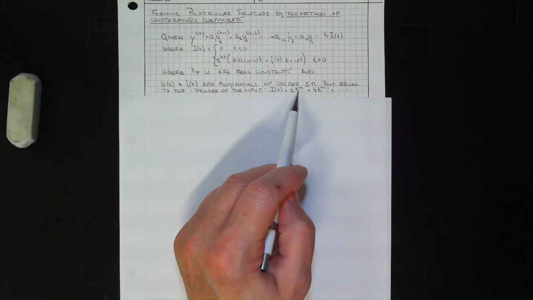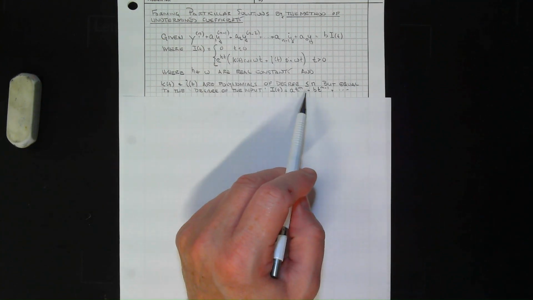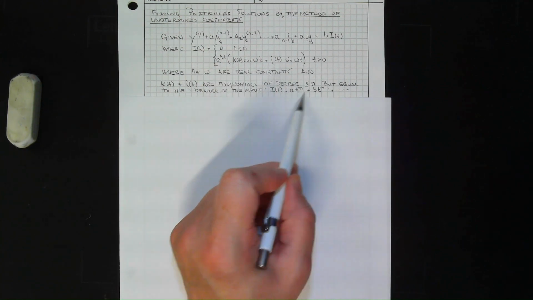If my input is t to the 10th, but I have just a fifth order differential equation, so five derivatives, this method doesn't work. The power on time in the input must not exceed the degree of the differential equation, the highest order derivative. Those are the conditions. This works for most things, so that's all right.